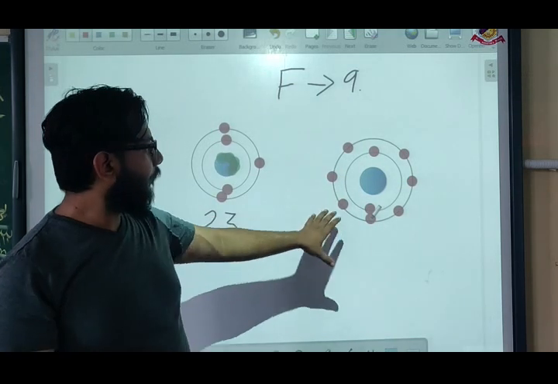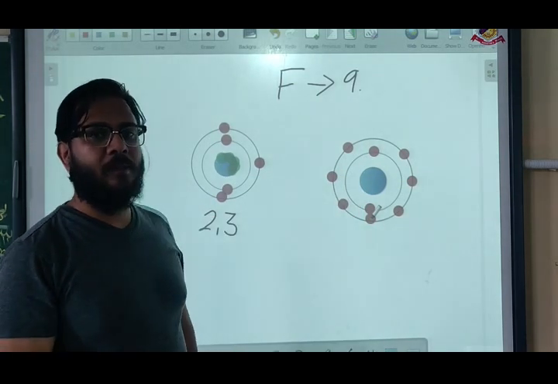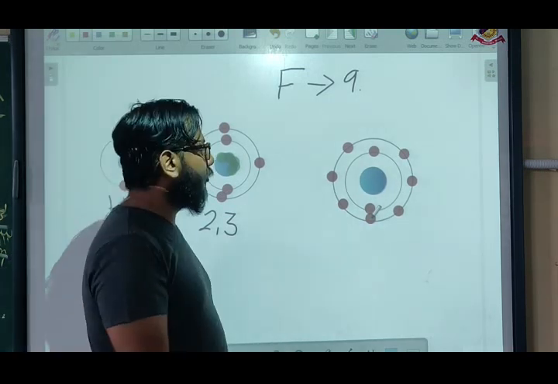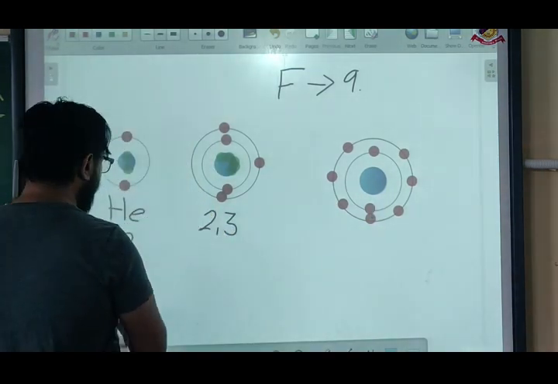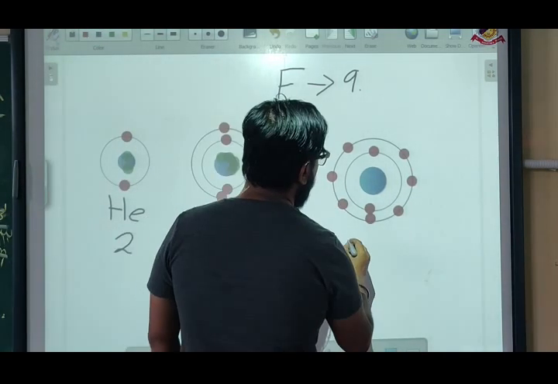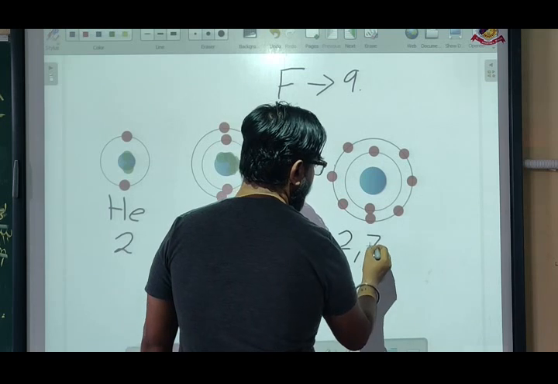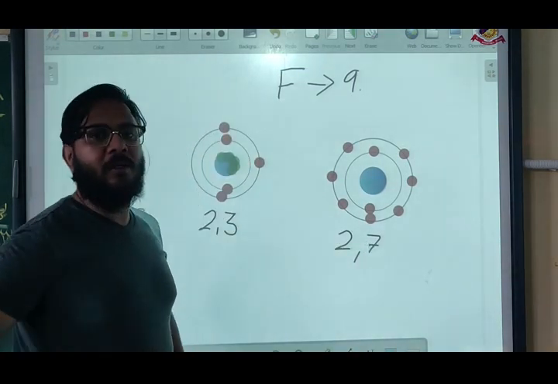Okay, so the electronic configuration of fluorine is going to be 2, 7. Okay, so that is how we break down.